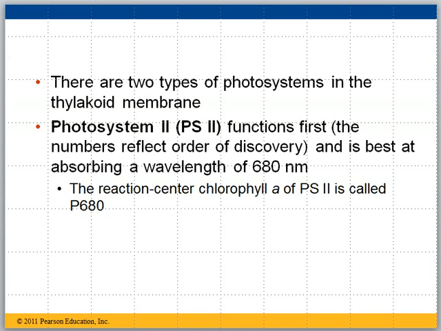So in step one of photosynthesis, where we're capturing light and we're forming ATP and NADPH, we're going to need to use two photosystems, two basically light gathering systems. Now it gets kind of confusing because the first one in the chain is called photosystem 2 or PS2. And I hate that it's still called PS2 because it's actually the first in the process.